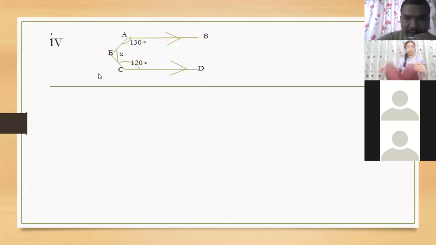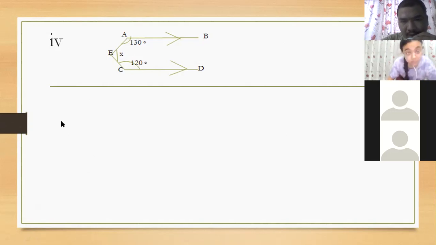Look here, they are not co-interior, but we can make them co-interior angles. For that, we have to construct one parallel line. Construction is needed. It's a very important question from the point of view of class 8.